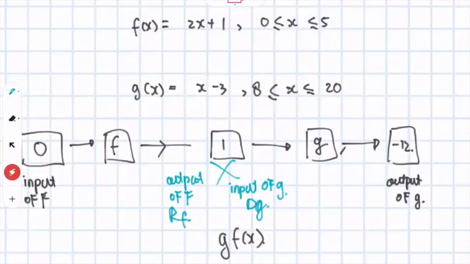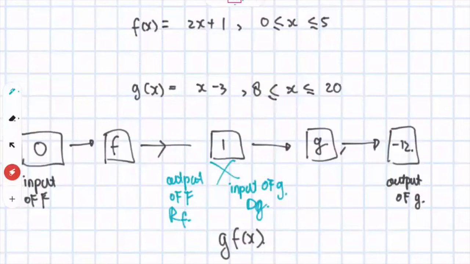So RF must be a subset of DG so that G can process whatever product machine F produces. If G cannot process some of your product, that means we cannot work together. So that's the logic.